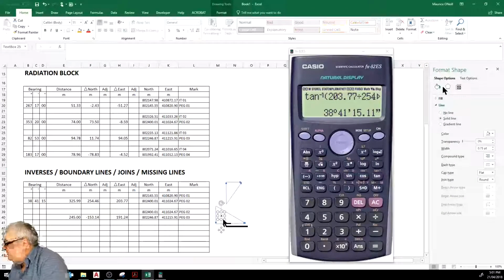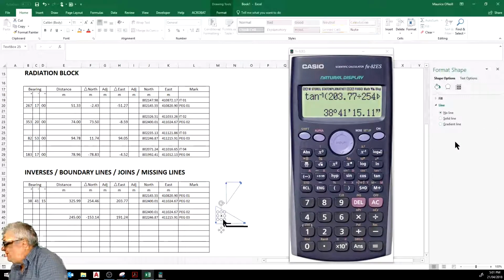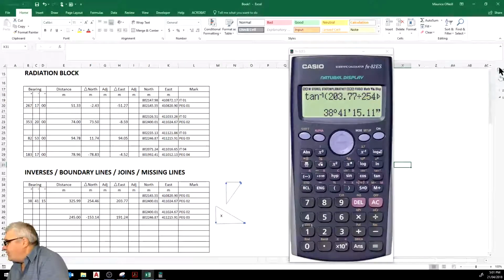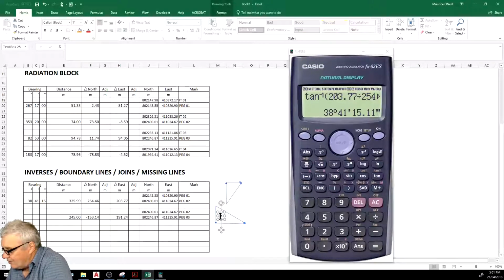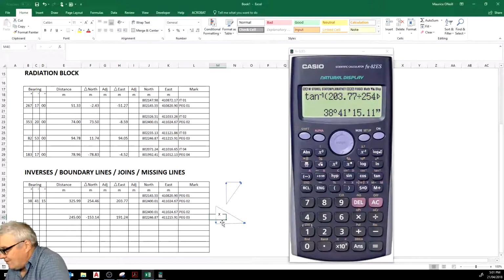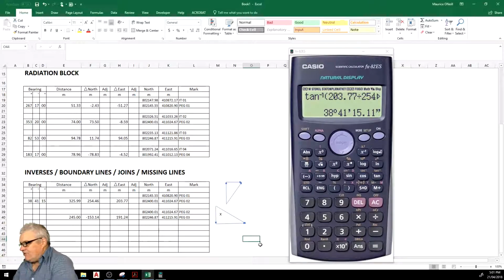Format the shape. Okay. Oh, no line we want. Okay, and we'll close that. There. Yeah, so that's X in there. Oh, it's down here. Put it in there like that. Okay. A little bit this way. Okay, so that's our angle X.